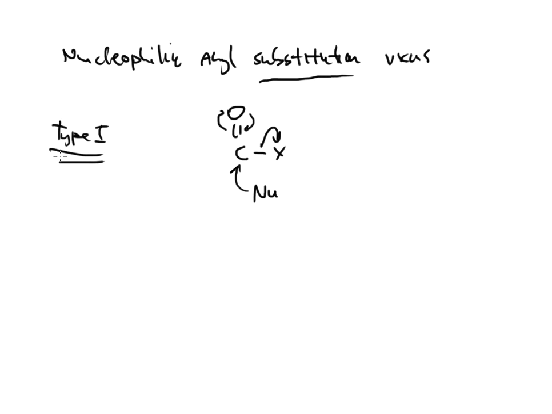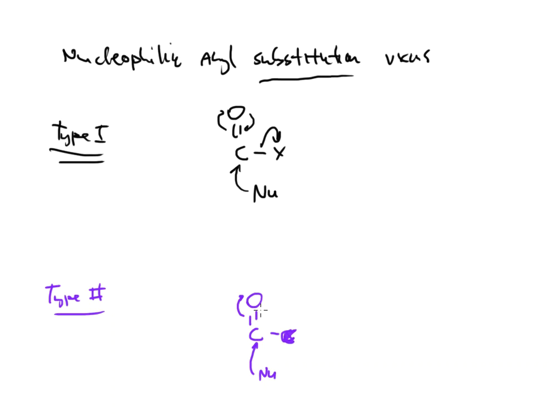In type 2, with aldehydes and ketones, we've not done an example yet, but in type 2, the narrative changes. We already know how it changes. We have a carbonyl, and this carbonyl will have an incoming nucleophile. That incoming nucleophile is going to allow the carbon to shove the electrons up.